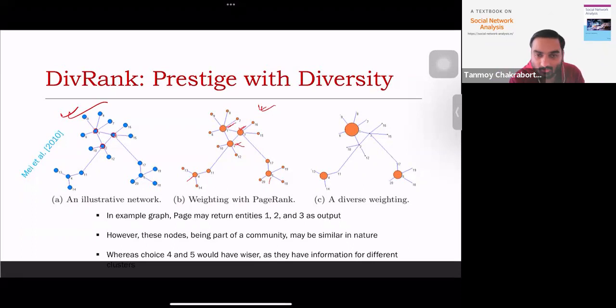Okay, but what's the problem here? The problem here is that if you look at the network context, these three nodes are located at the same context, meaning that you may not be able to extract diverse information from these 3 pages, because these 3 pages are part of the same kind of cluster, right?